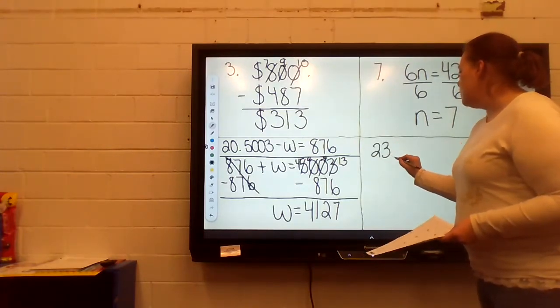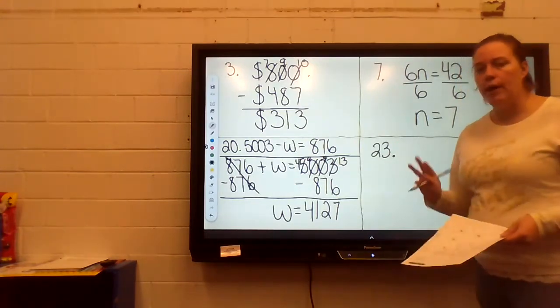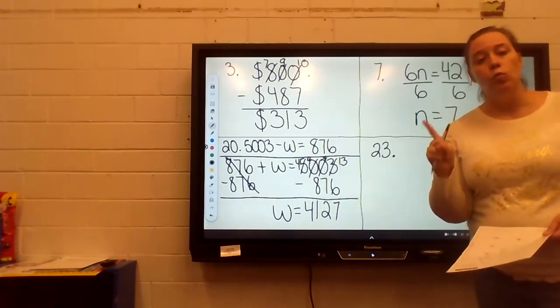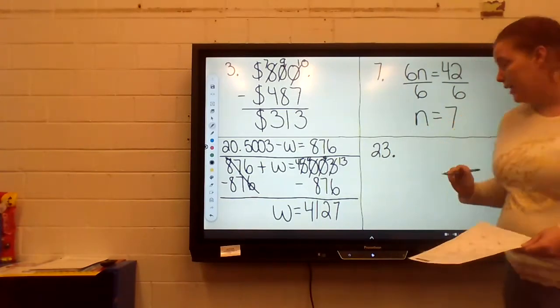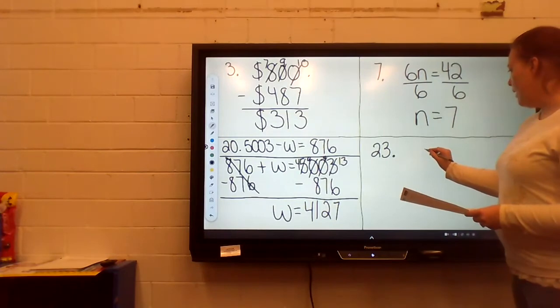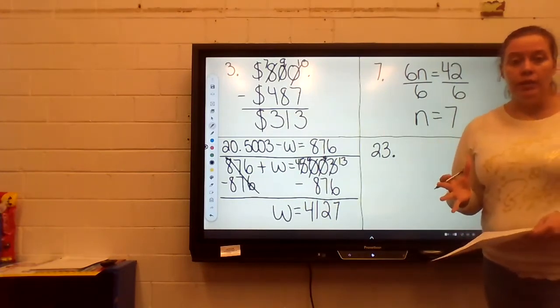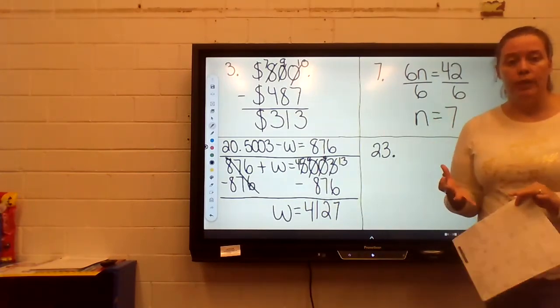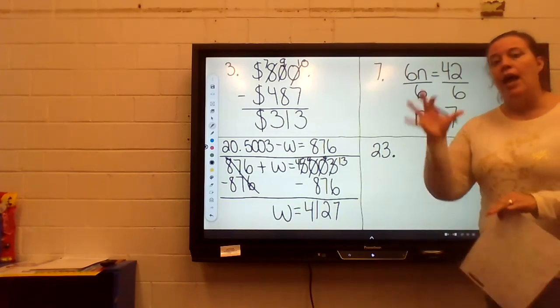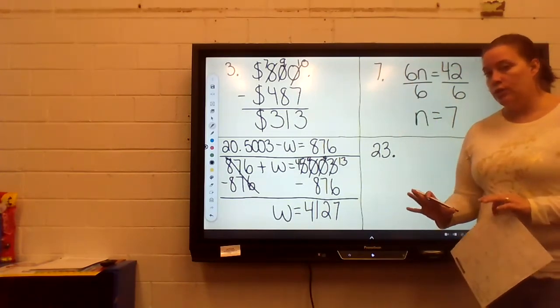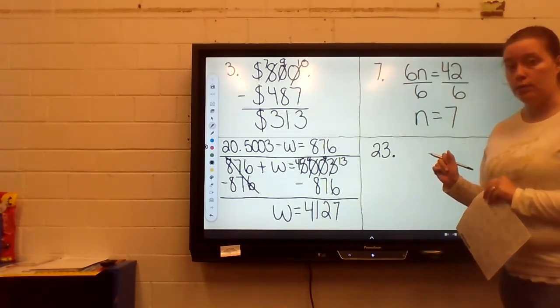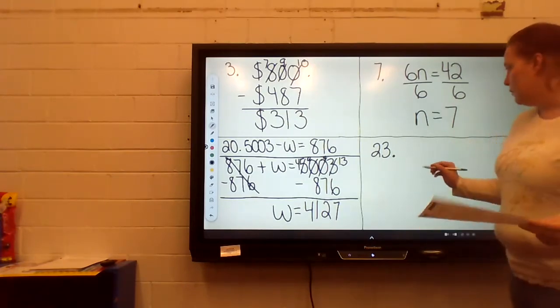Okay? I have one more problem that I want to do with you, and that is problem number 23. Now, on problem number 23 in lesson 21, you have 2 3-digit numbers and then 1 2-digit number that you are adding together. So the easiest way to do this is if you pair your 3-digit numbers together first and then line up your 2-digit number with those numbers. Let me show you.